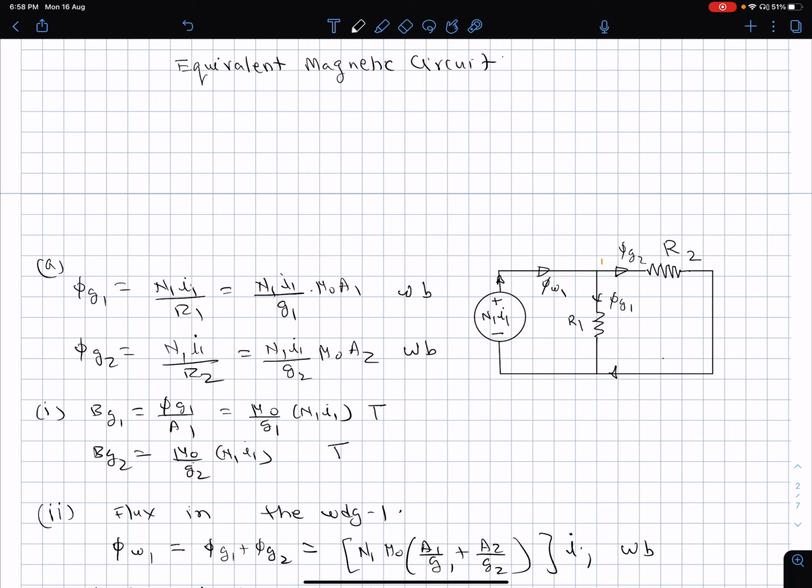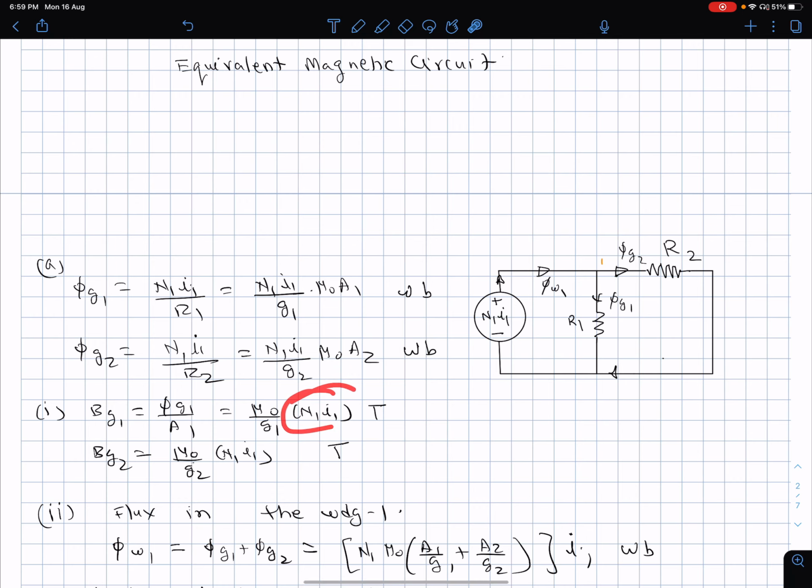Now flux density. Flux density is going to be flux divided by area of cross section. So therefore it will be simply mu 0 by G1 into N1 I1.